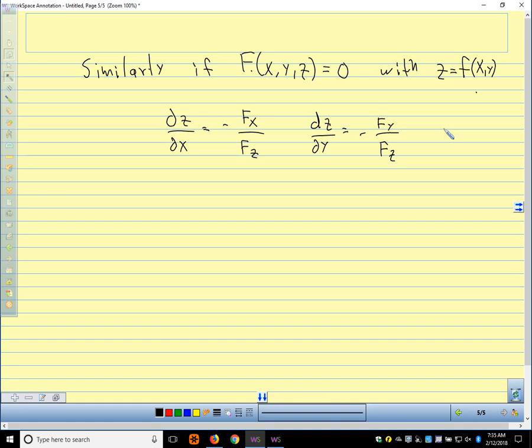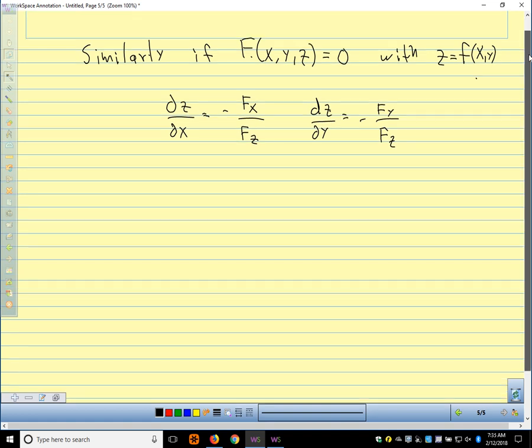So we can find our partials with respect to x and y of a function if we have an implicit function of three variables, where z is implicitly a function of x and y. All right, questions? This is a really nice shortcut, really nice tool that partial derivatives allow us to do.